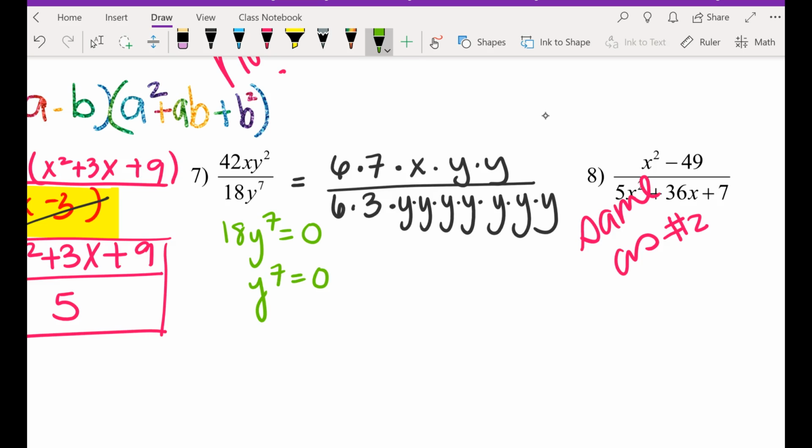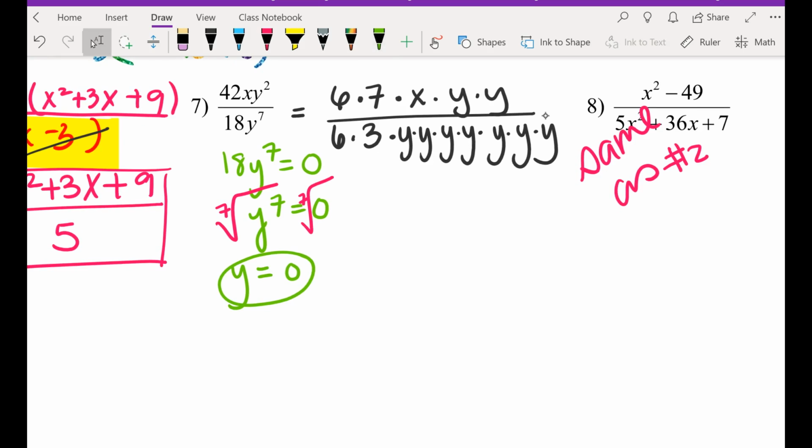What are you going to do now to undo a power of 7? 7th root. What's the 7th root of 0? 0. So the domain is all real numbers excluding when y is 0.